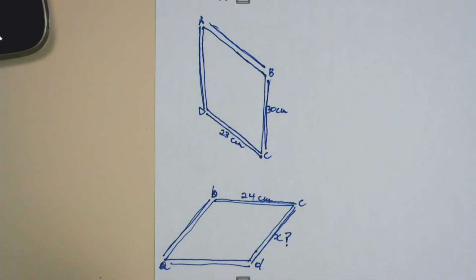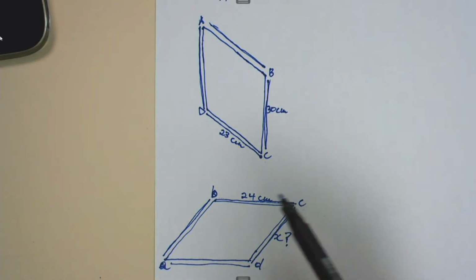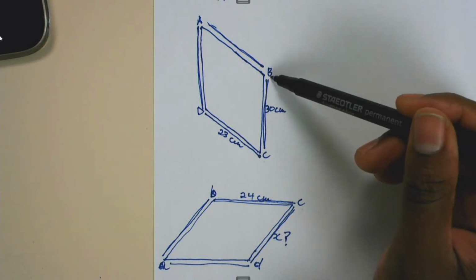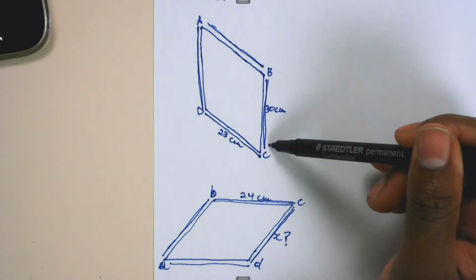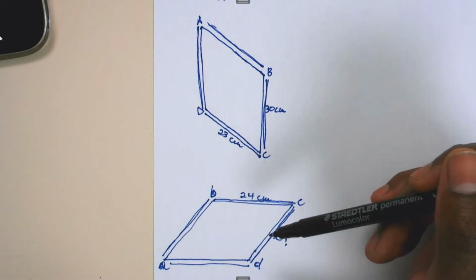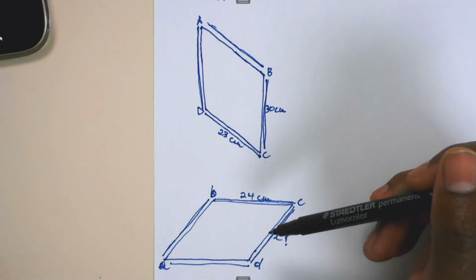But here's the problem. I have side BC and I have the corresponding side BC. These two sides definitely are the ones that are going to help me. So I need to find the corresponding sides that have measurements first, and I need to identify the ratio of the corresponding sides in a simplified form.